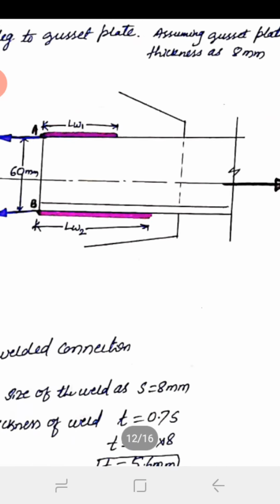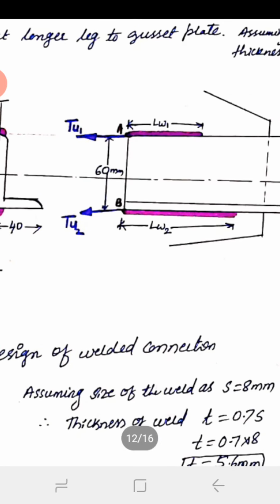Then to resist that TU, the load taken by LW1 and LW2: corresponding to LW1 the load is TU1, corresponding to LW2 the load will be TU2. These two are acting in the weld.